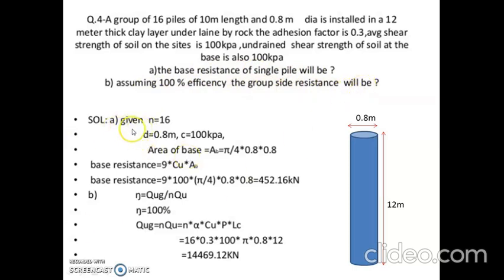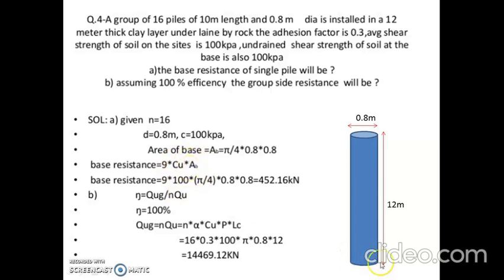Now we will write all the given data. The given data are N, that is number of piles, equal to 16. Diameter of pile is 0.8. C is 100 kPa, and we will find what is area of base, because to find the base resistance as it is asked in the problem, we have the equation 9 into C_u into A_B. So here the value of C_u is given as 100 and we need to find what is the area of the base.